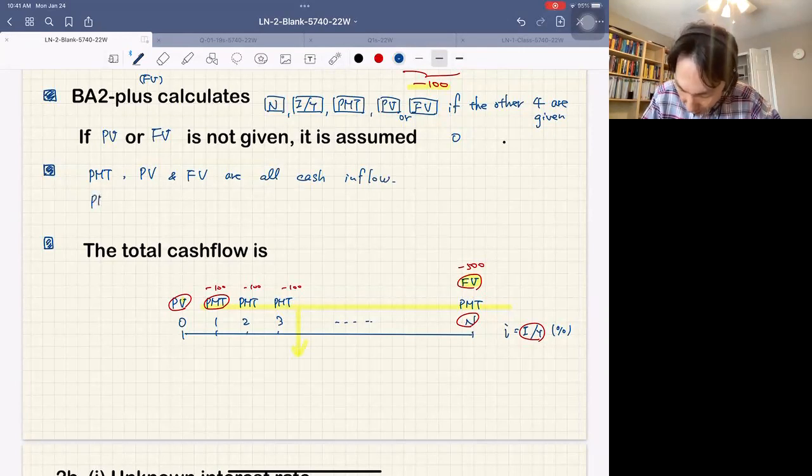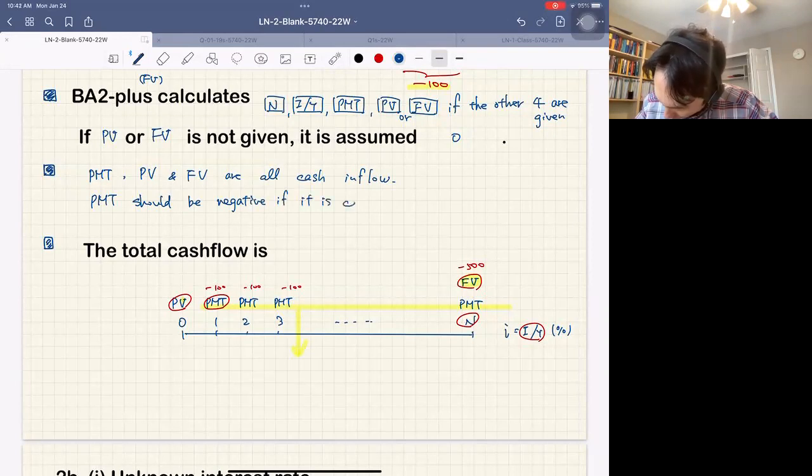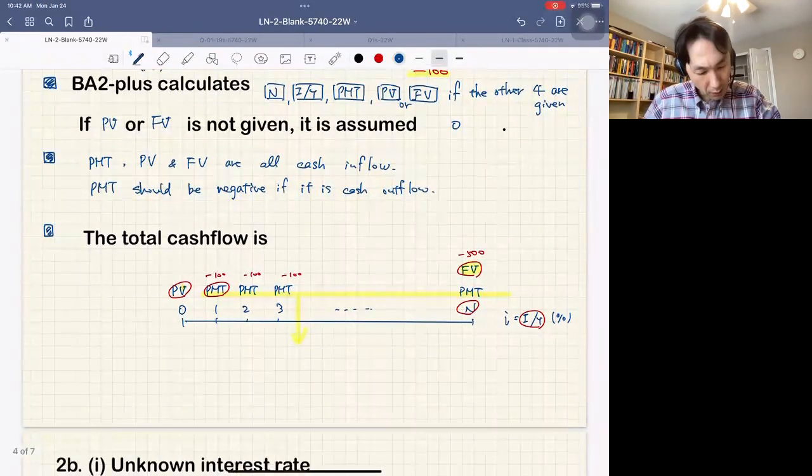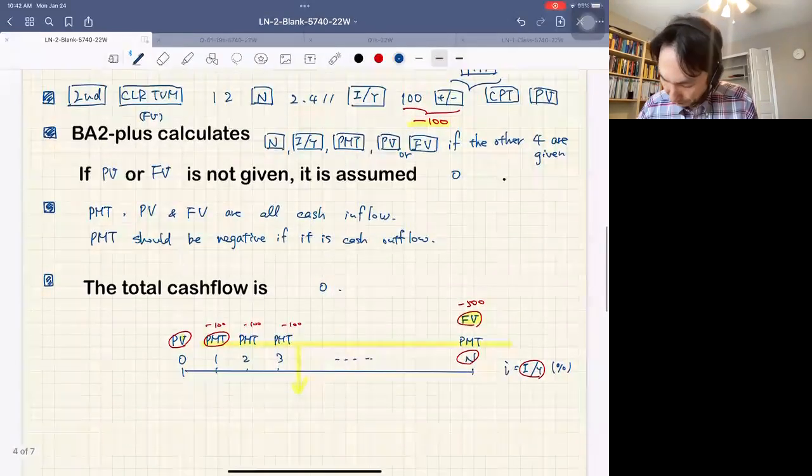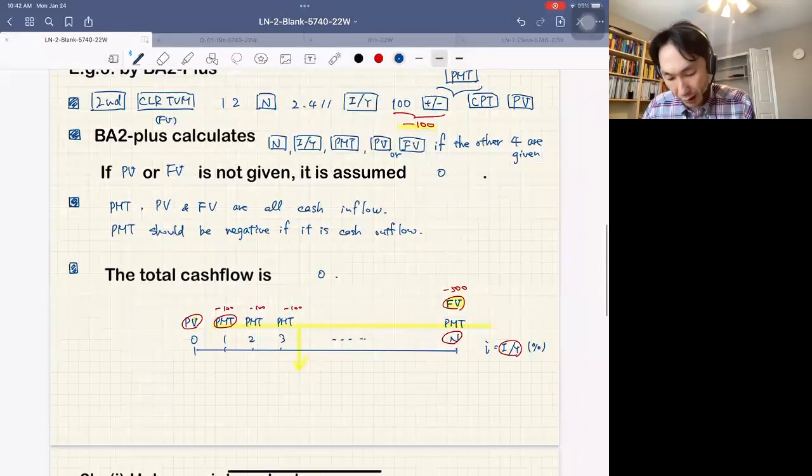So PMT, payment, should be negative to get a positive PV, if it is a cash outflow. And the total cash flow should be 0. So this is the way the TVM, time value of money, function works.